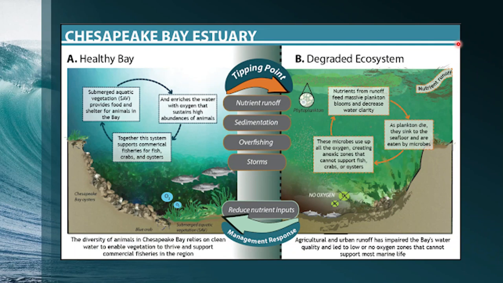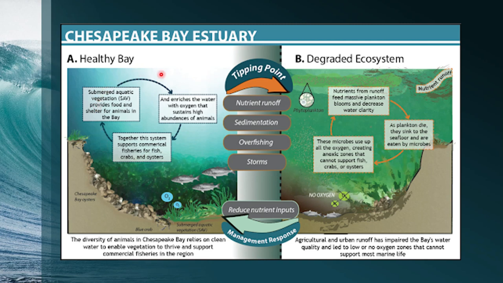What we really end up with is two different scenarios in the Chesapeake Bay. We can have a healthy bay with a lot of submerged aquatic vegetation that provides food and shelter for animals and also enriches the water with oxygen. That sustains a lot of the animals, and supports a healthy commercial fishery for fish, crabs, and oysters.